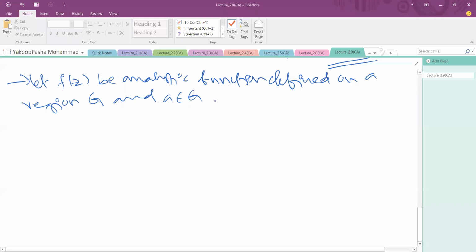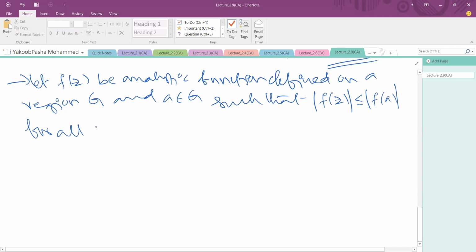Now the condition is modulus of f of z is less than or equal to modulus of f of a for all z belongs to G. Then f of z must be constant, or simply is a constant function.